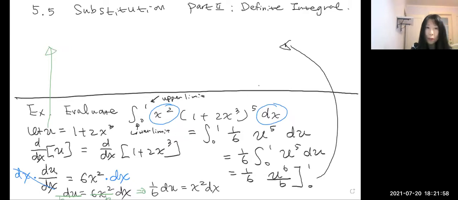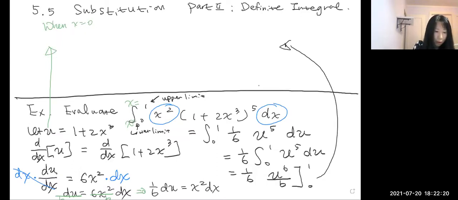u equal to 1 plus 2x to the third power, right? But then look at the limit when x equal to 0, when x equal to 1. When x equal to 0, we just substitute there.